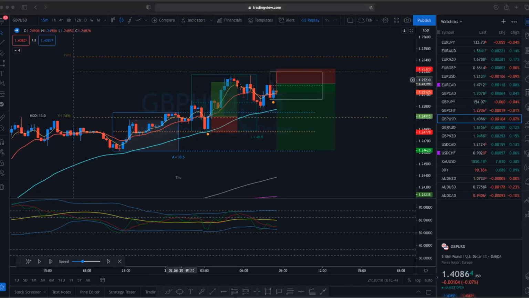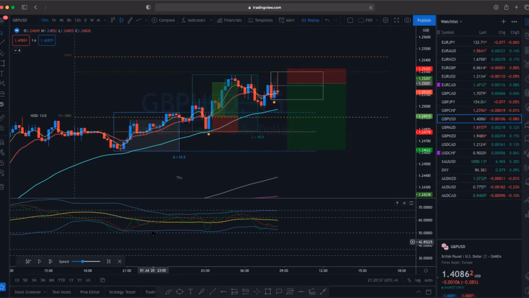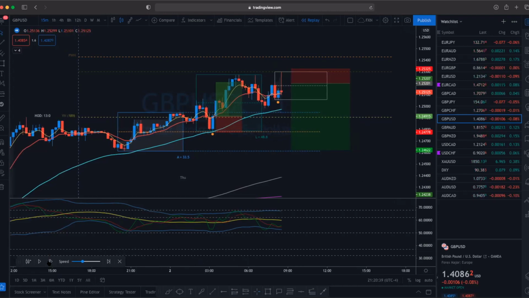And again, if you're wrong, literally the next candle will take you out. Just let it take you out. But that's what you would want. If not, then you just don't take it. You could skip it and look for the buy setup on Friday or the next day or next week.